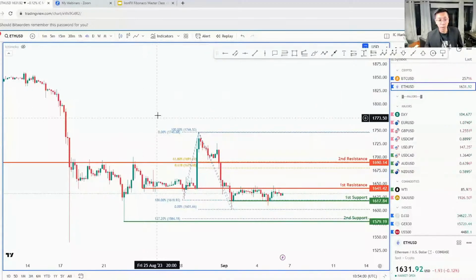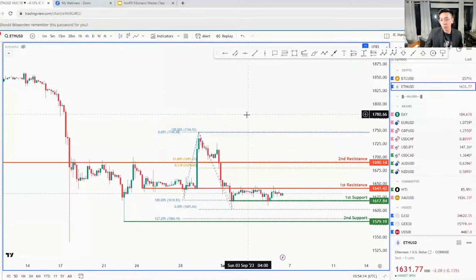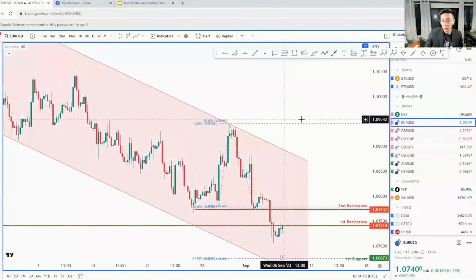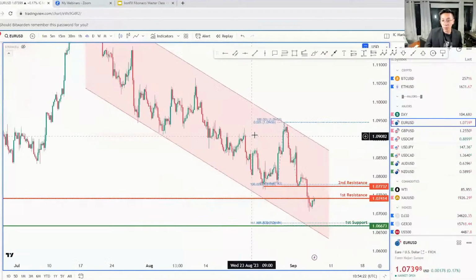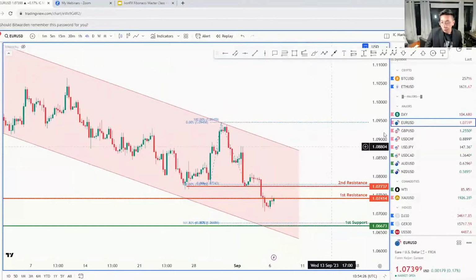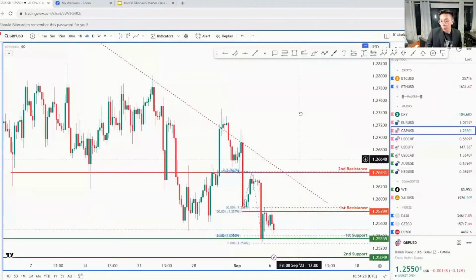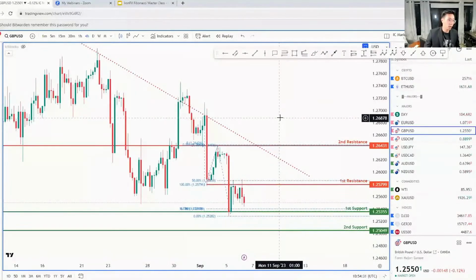Your 61.8% fib retracement level is your golden ratio, so usually price tends to react a lot more there compared to other levels. Sometimes your 23.6% level is pretty weak, so I don't really rely on it. More often price reacts to the 61.8 and 78.6.